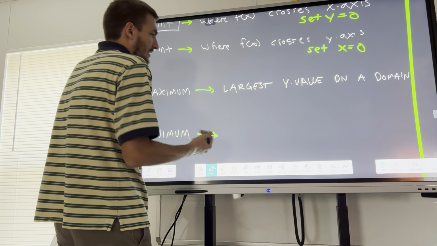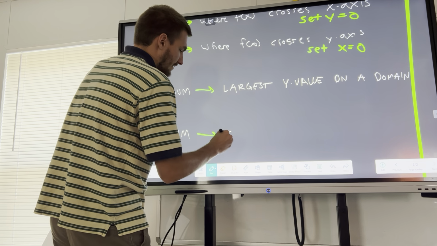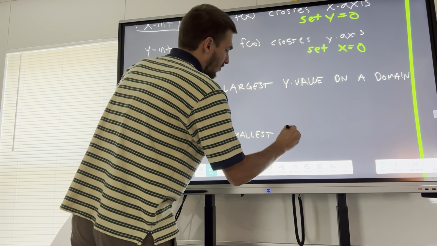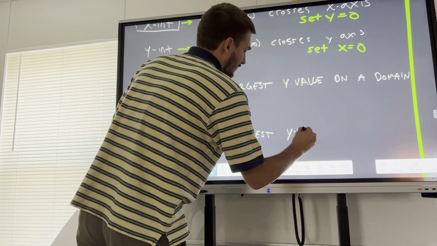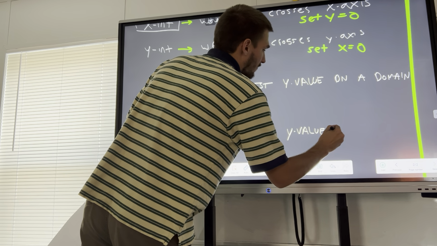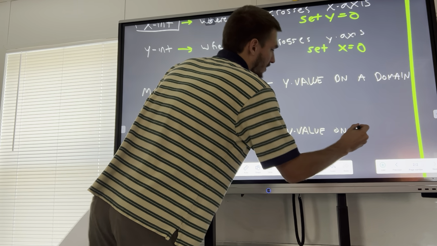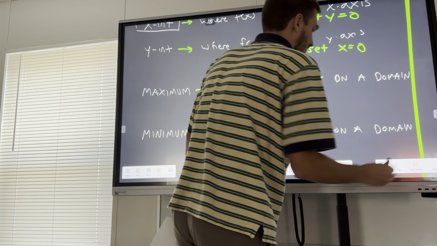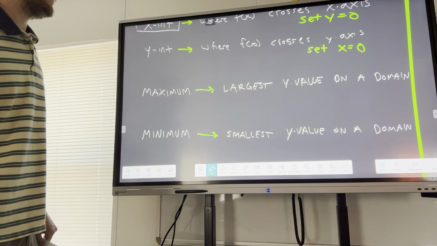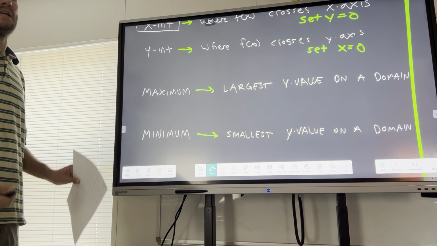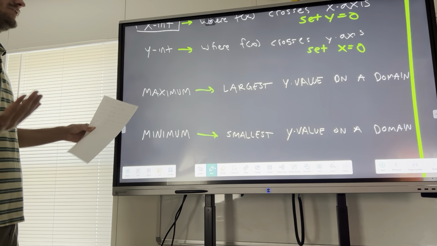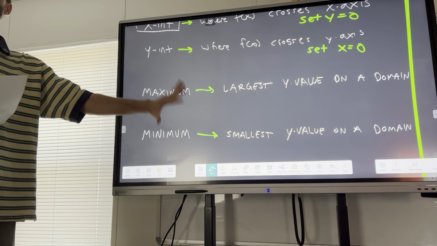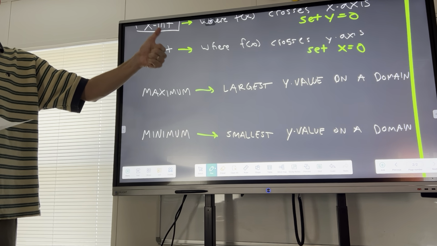The smallest y value on a domain. And these are somewhat formal definitions, informal definitions, but I think they're doing good enough. I think you guys understand minimums and maximums. Do we feel like we need a better definition of these things?